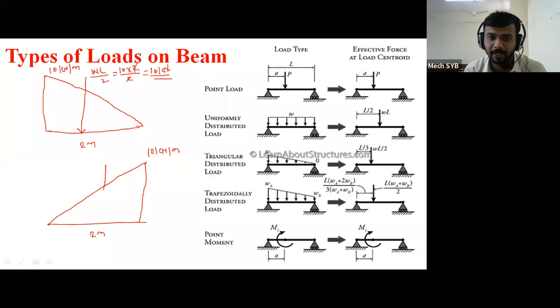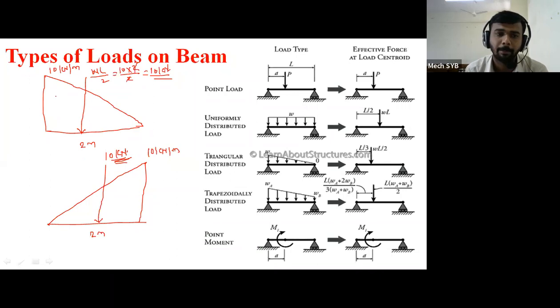Similarly, for the lower one also it will be converted into point load, so here also the load comes to 10 kilonewton. This 10 kilonewton force will not be at the center of the 2 meter. Just as in UDL we took the center, but in UVL it is not at the center point.